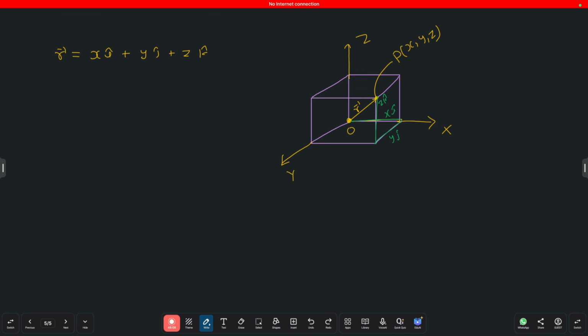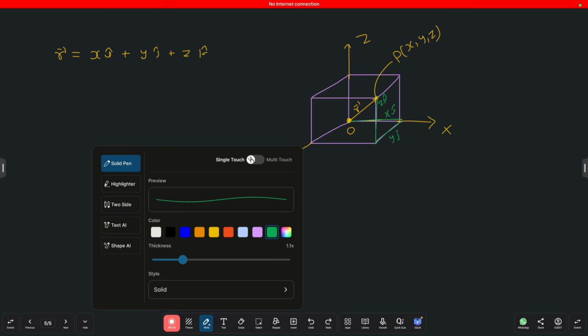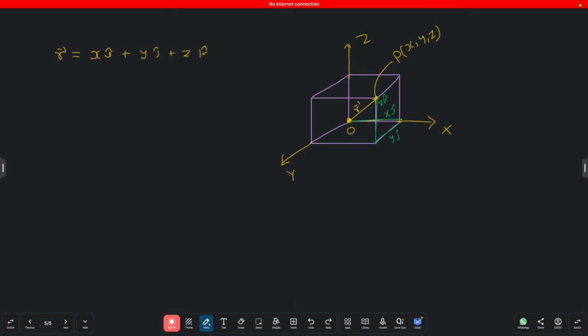If you join this to this, can you see this is a 90-degree angle? You can't see it because it's a 2D plane, but I am showing 3D things. When you join that space point, it draws a perpendicular.